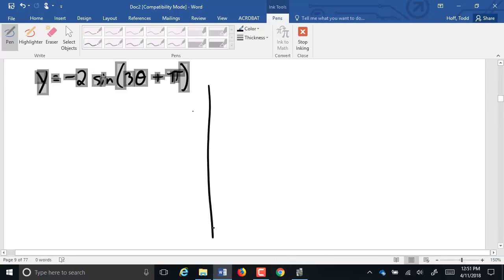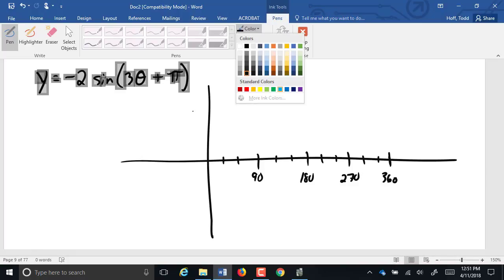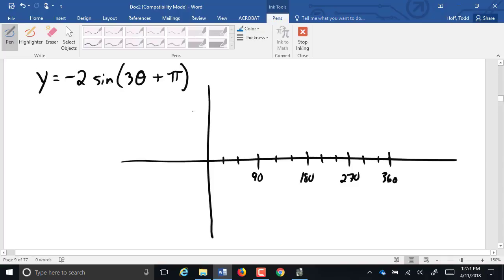Okay, so here's our graph. I'm going to label this out for us here quick. So let's find our starting point.